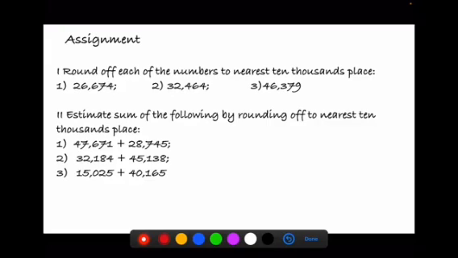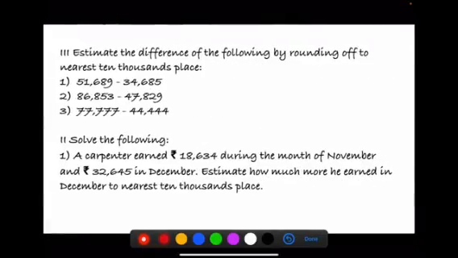You need to first round it off to the 10,000s place and then have the addition done. Then the third main would have estimate the difference of the following by rounding off to the nearest 10,000s place. You'll have to take the difference, that is do the subtraction operation here, but after rounding it off.